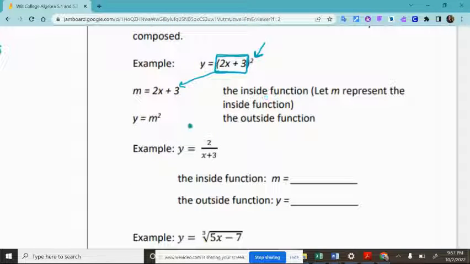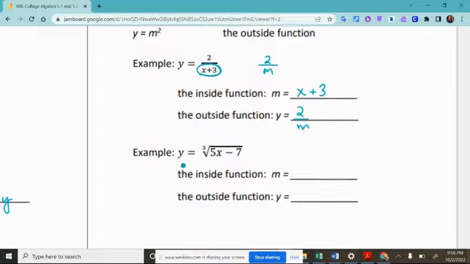Let's think about it. What could be the inside function here? I think maybe this little guy could be our inside function. So then our outside function is saying 2 divided by whatever m is. 2 divided by m.